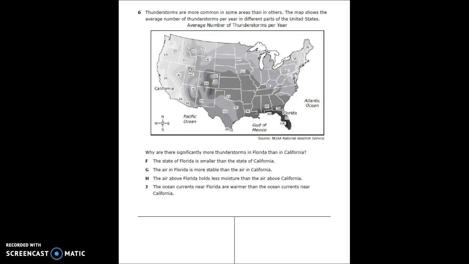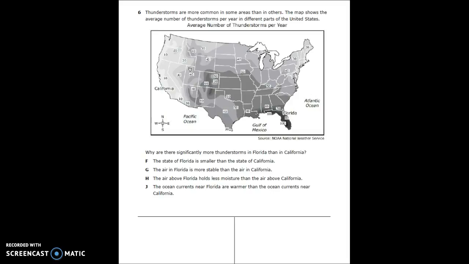Question 6. Thunderstorms are more common in some areas than in others. The map shows the average number of thunderstorms per year in different parts of the United States. Why are there significantly more thunderstorms in Florida than in California? F. the state of Florida is smaller than the state of California.